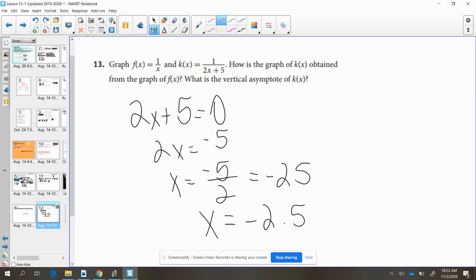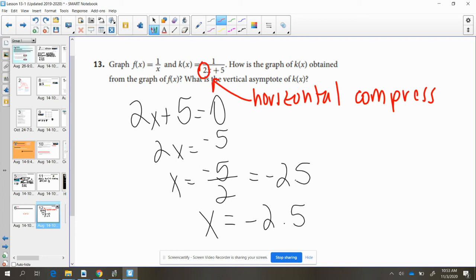Now also notice in here the horizontal compression factor that's happening with the x value. That value with the x out front is going to influence your horizontal compression, or stretch when it's in the denominator. That's horizontal compression as well.